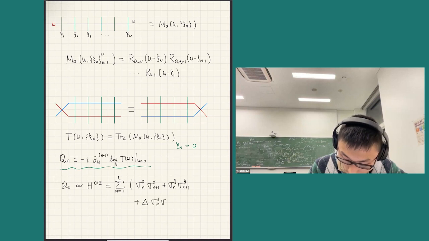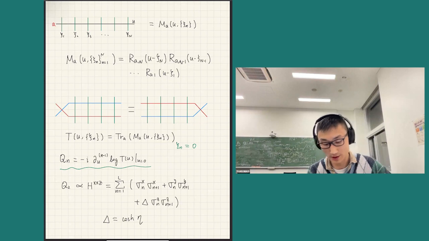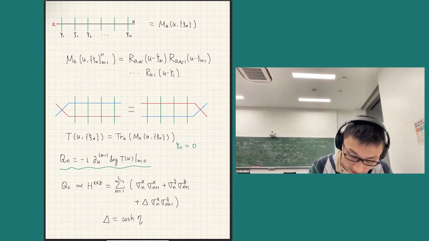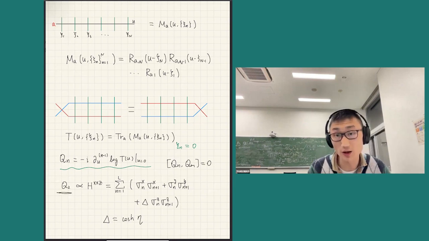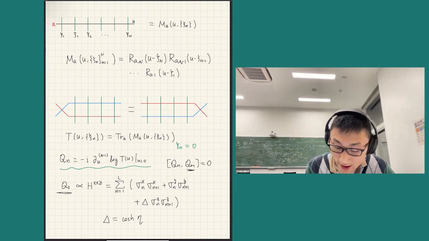Where this delta here equals the hyperbolic cosine of this eta parameter that I showed you before in the 6-vertex model. Yeah, and since I was telling you that Qn commute with any Qm, it means that this quantum Hamiltonian Q2 commutes with infinitely many quantum operators Qm.